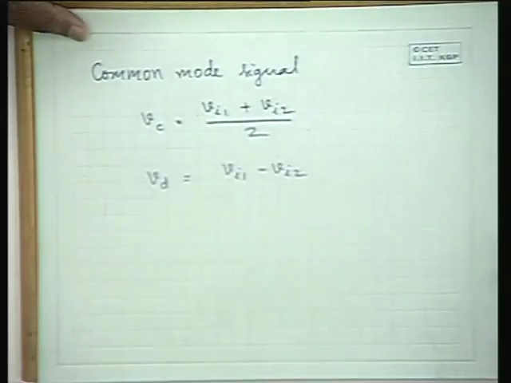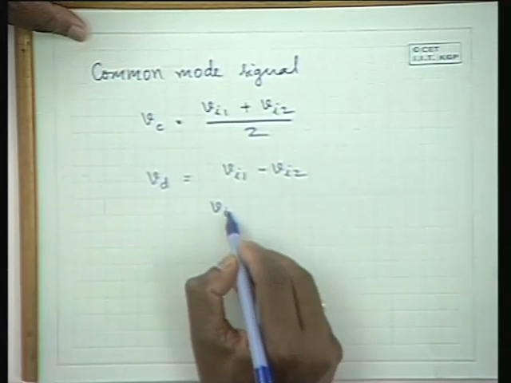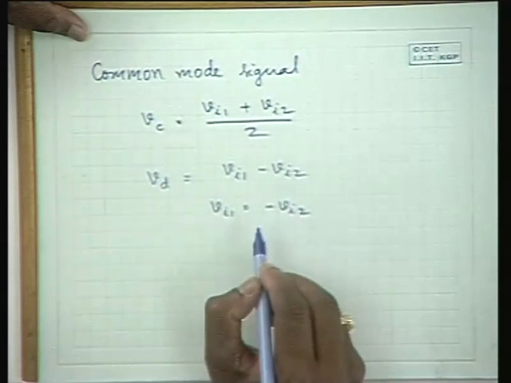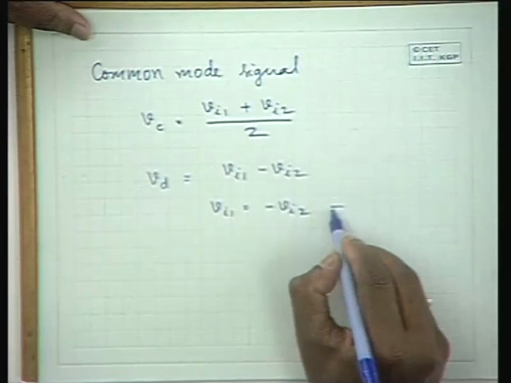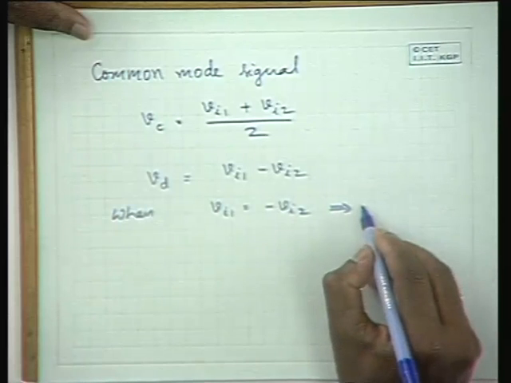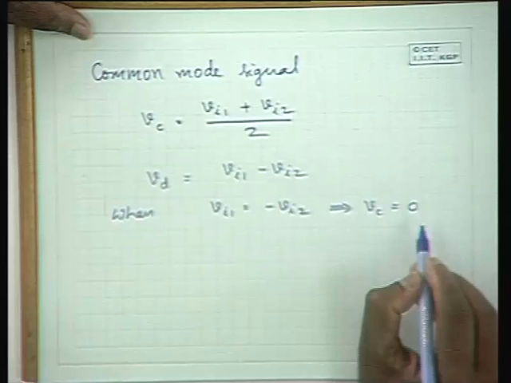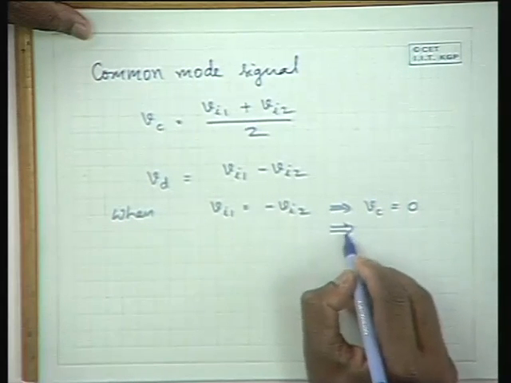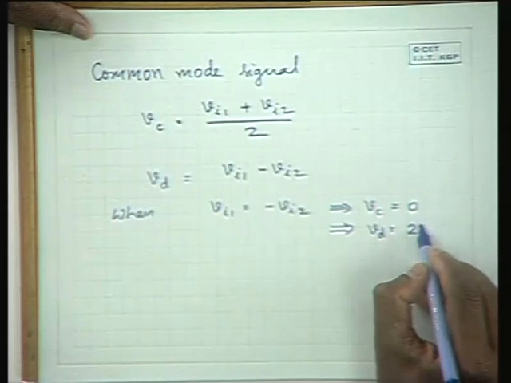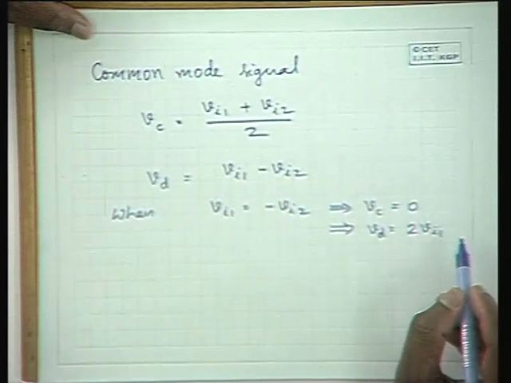Now, when you apply this kind of an input, when Vi1 is equal to minus Vi2, the common mode signal is 0 and the differential signal is equal to 2 Vi1, which is equal to minus 2 Vi2 also.